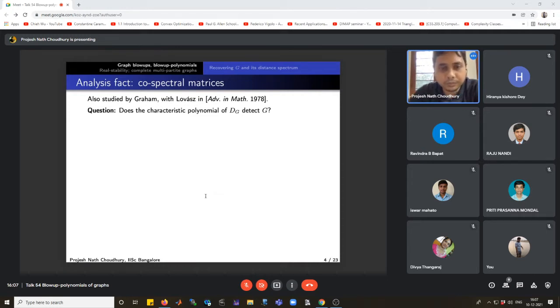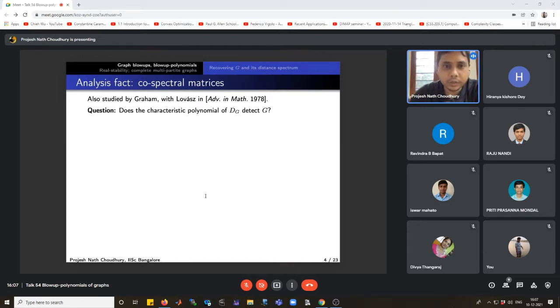One question is natural to ask. It is clear that the distance matrix itself determines the graph. So just look at the entries which are 1. Those correspond to the edges, and if you know the edges, you know the graph.